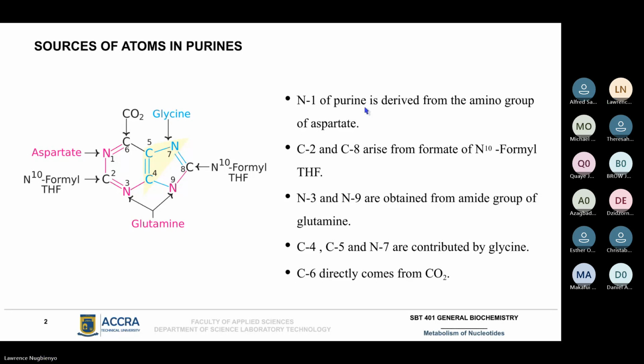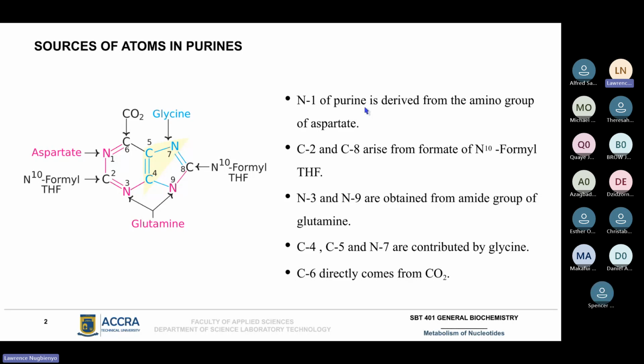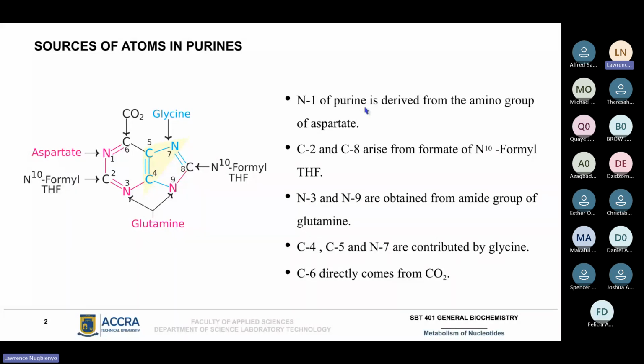And you have the pyrimidine, which has a single 6-sided ring. So we'll first take the purines and look at their metabolism. Then we'll take the pyrimidine and look at their metabolism, which have similarities anyway, except that the sources of the components of their rings are different.